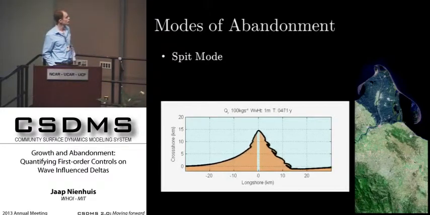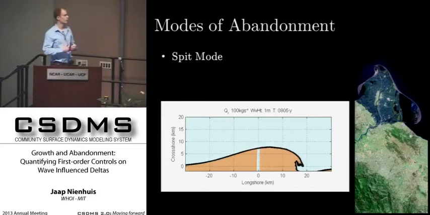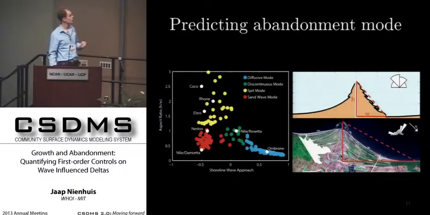As you shut down the sediment, you see the spit developing, and it's an intermediate stage of morphology. Eventually, you end up having a flat shoreline again. So we discovered 4 such modes, and we tried to find parameters that allowed us to predict what types of behavior you can expect if you shut down the sediment supply at a particular delta.